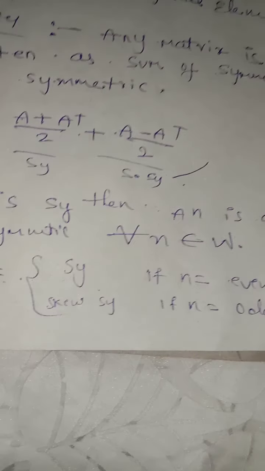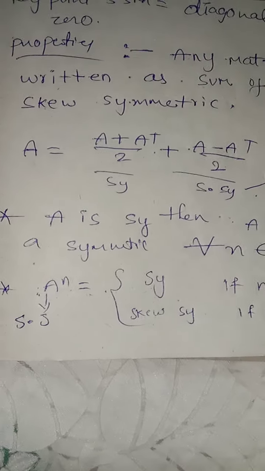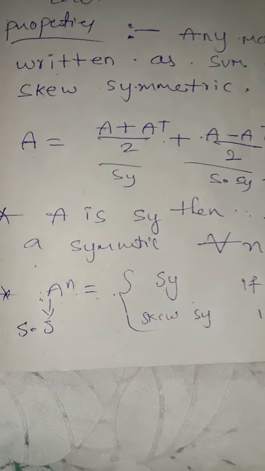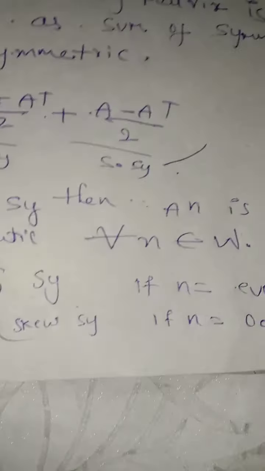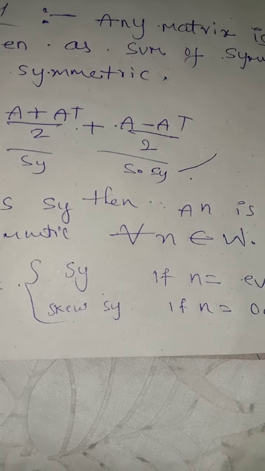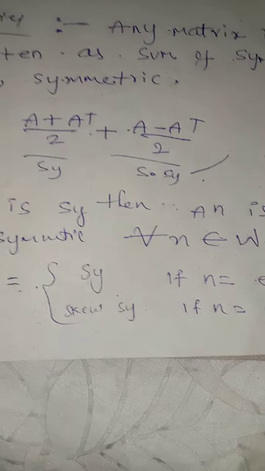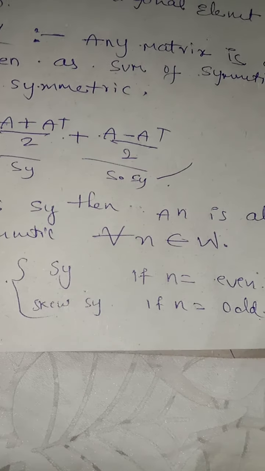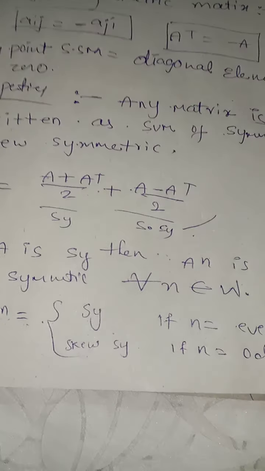Can you understand? In the case of a skew symmetric matrix, A power n becomes a symmetric matrix if n is an even number, and it becomes a skew symmetric matrix if n is an odd number. If you square a skew symmetric matrix, it will be symmetric, but when we cube it, it becomes skew symmetric. Can you understand what I am saying?